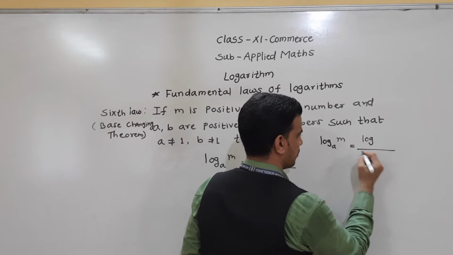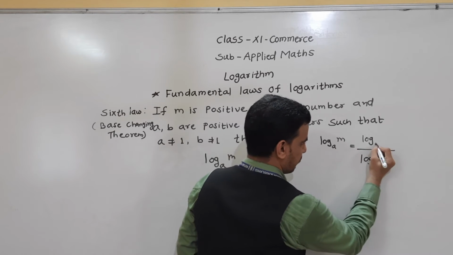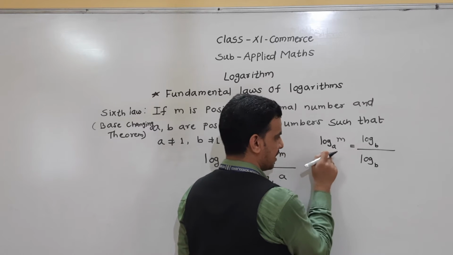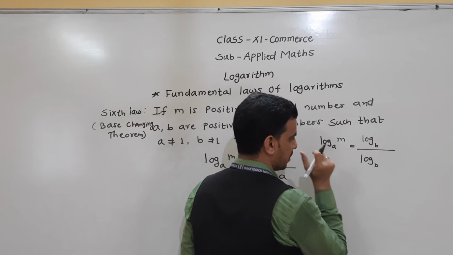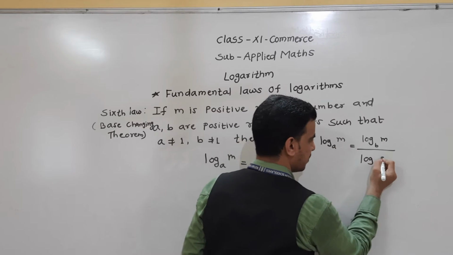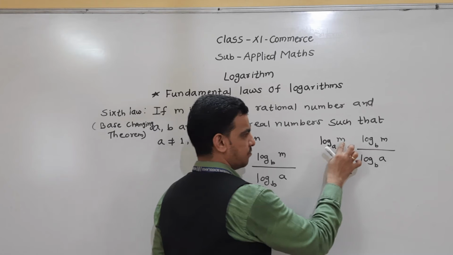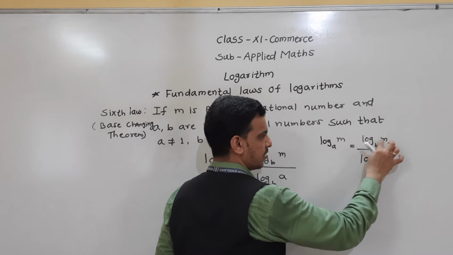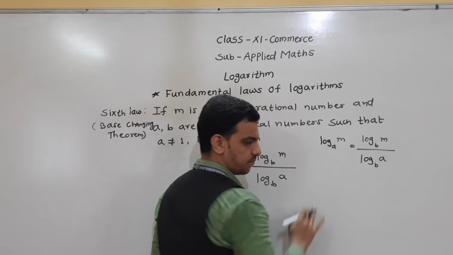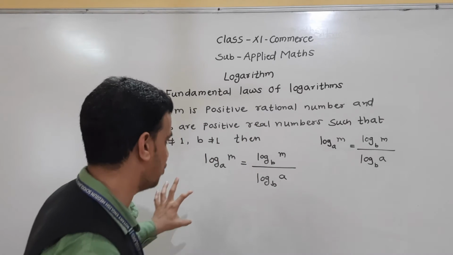First write log, then write the base as b, which we have to change. Here it is a, you have to change it to b. Then write the argument in the numerator and the base a in the denominator. So log m to the base a is equal to log m to the base b upon log a to the base b. Now we will see how to prove this.